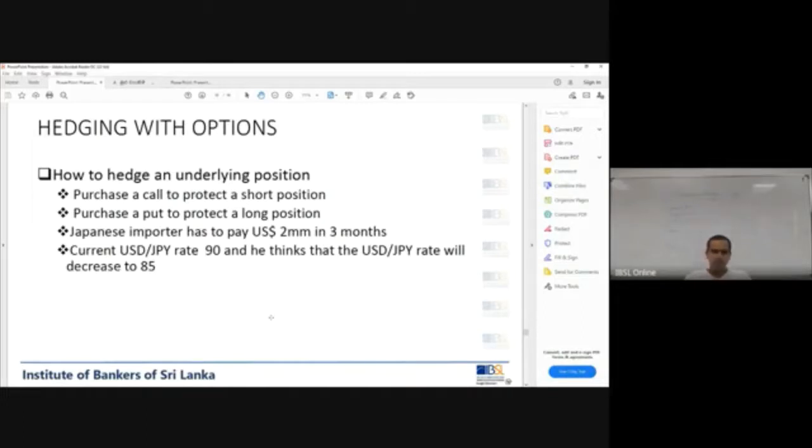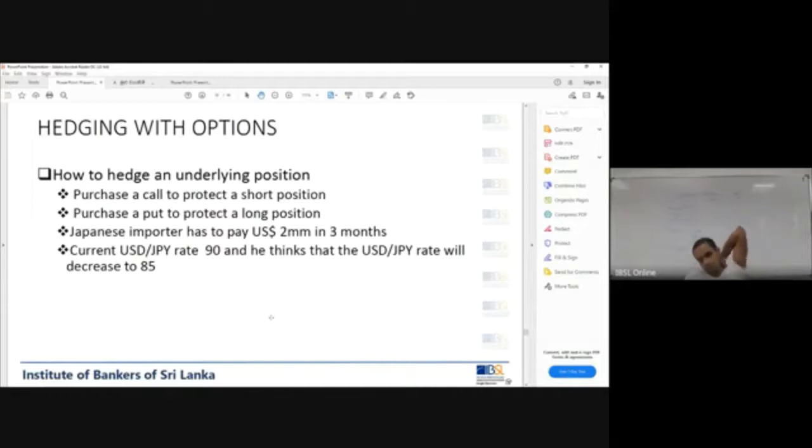What can he do? He needs to buy a call option on the dollar yen pair, right? So you need to be very specific. Tell him exactly what he has to do. Don't give bits and pieces answers.